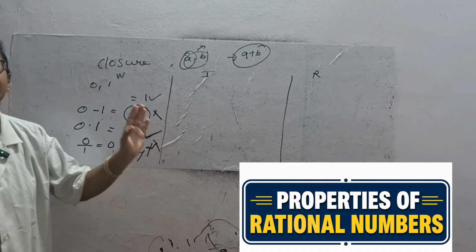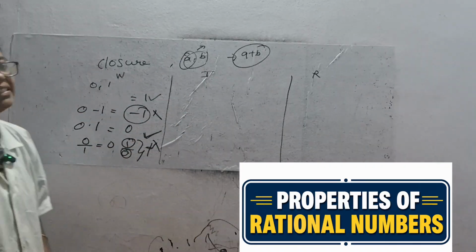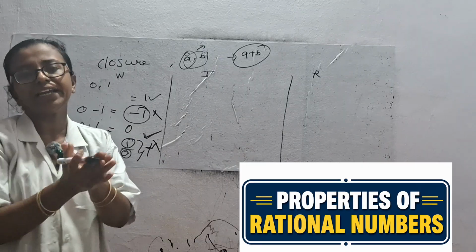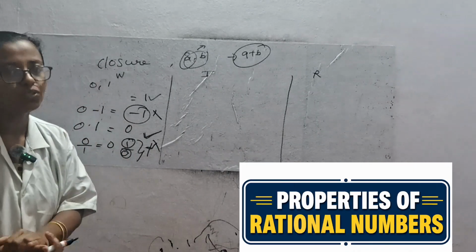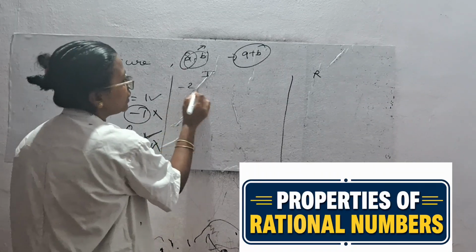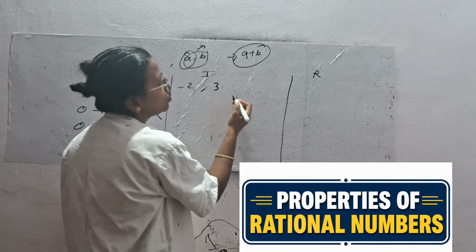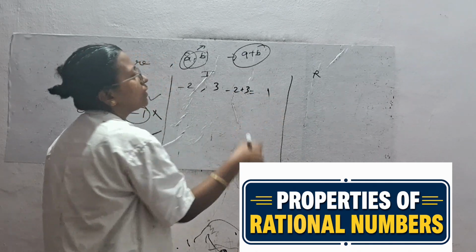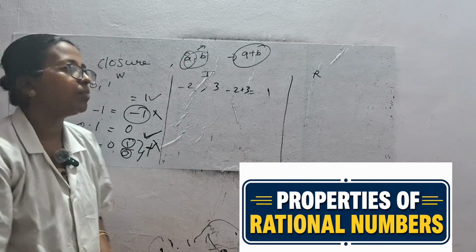Similarly, we can check integers and rational numbers. Integers include negative numbers. For example, we take two numbers: minus 2 and 3. In addition, minus 2 plus 3's answer is 1. 1 is an integer, so it satisfies the closure property.